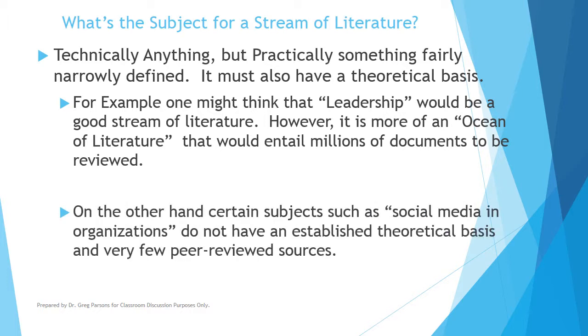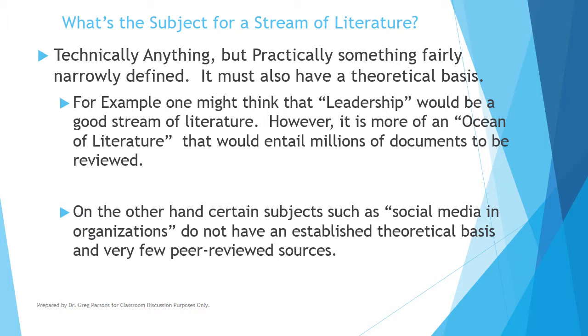But on the other hand, you may think you have a good topic, but there's no theory behind it. There's no established literature stream. So when you go in and start searching through the library for something, for example, recently I had a student who wanted to do a dissertation topic on social media in organizations. Basically, there's nothing there.